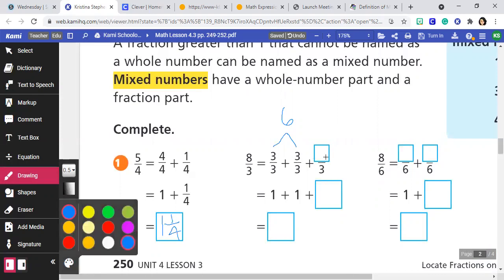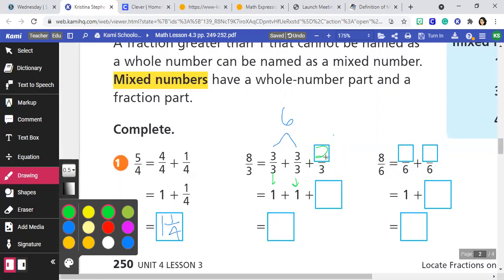Now, let me use a different color. That doesn't seem to be showing up so well with the blue box. 2/3. Well, when we rewrite the 3/3 as 1 down there, we know that this 2/3 isn't going to change because it's a fraction part. It has to stay a fraction part.